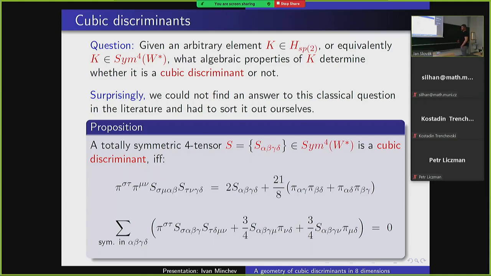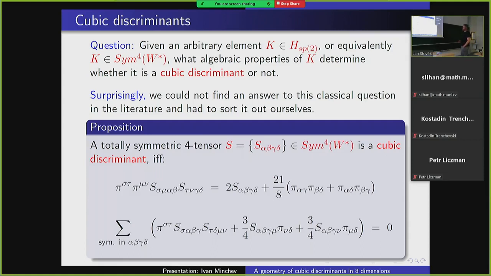The first is that I multiply the tensor S by itself, and then I take two contractions, and this should simplify. Pi here is the 2 form. We're working with a symplectic representation, so we have an invariant 2 form. That's what pi is.